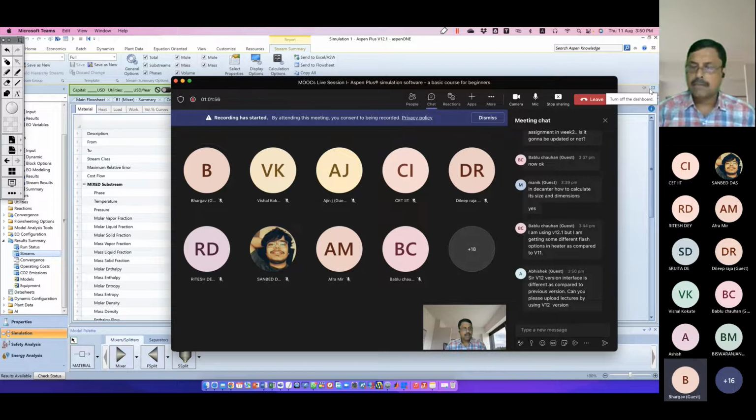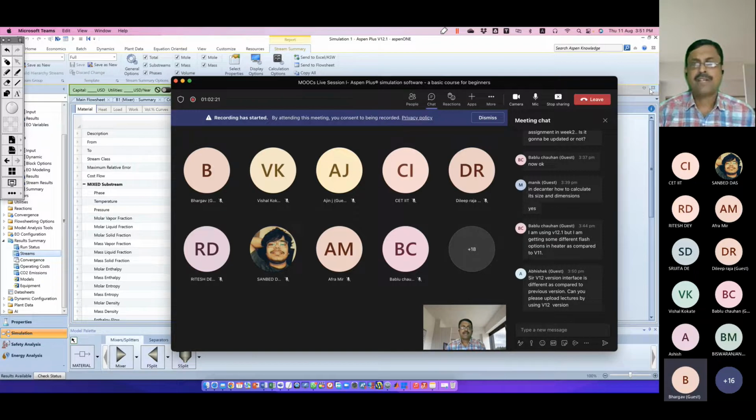Abhishek is asking, version 12 interface is different as compared to previous version. Can you please upload lectures by using V12? For that, I again have to take 30 hours of lectures, my friend. It is not possible to take 30 hours of lectures. But again, the interface is not that different.